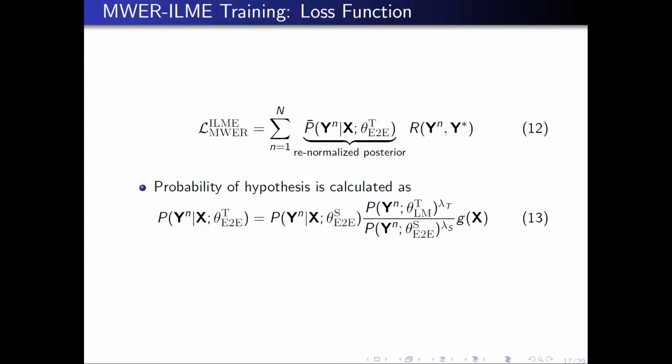The probability of ILM fusion is defined in equation 13. Basically, it is the posterior probability of the end-to-end model multiplied by the probability of the external language model and divided by the probability of the internal language model. We can ignore GX for now.